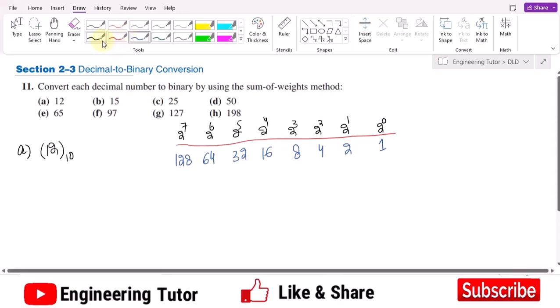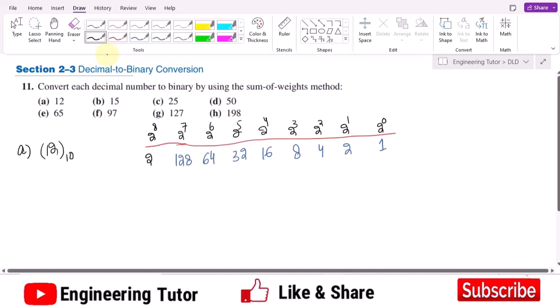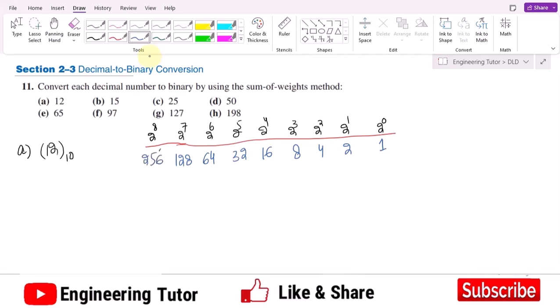Similarly, if I have 2 raised to power 8, how much will it be? 2 raised to power 8 is, sorry, I have used the blue color here, so that is now 256. Okay, so these are different weights.